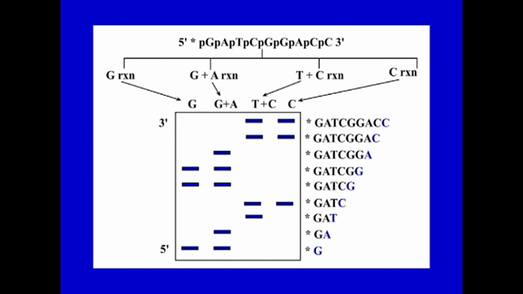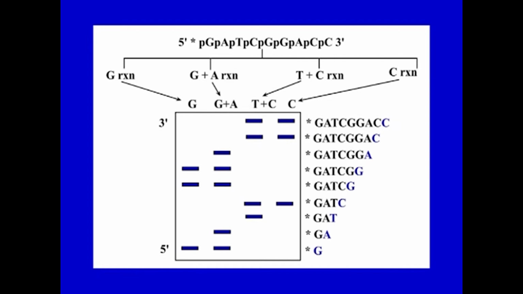So, these are the lanes for each of the reactions, and you can see this particular one was the sequence, and as we have gone through, you can see the sequence could be built by starting from the bottom.